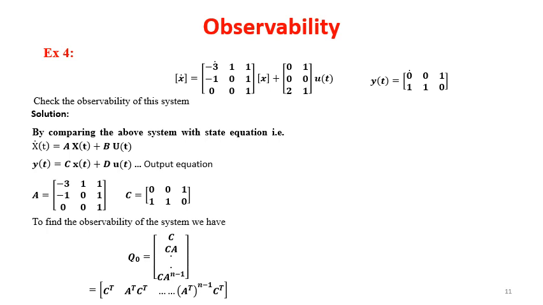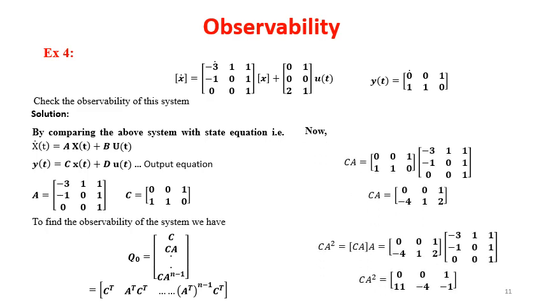We follow C, CA, CA to the power n minus 1. For that we first need to find out CA, C into A. C already we have 0, 0, 1 and 1, 1, 0, multiplied by A, which is minus 3, 1, 1, minus 1, 0, 1, 0, 0, 1.